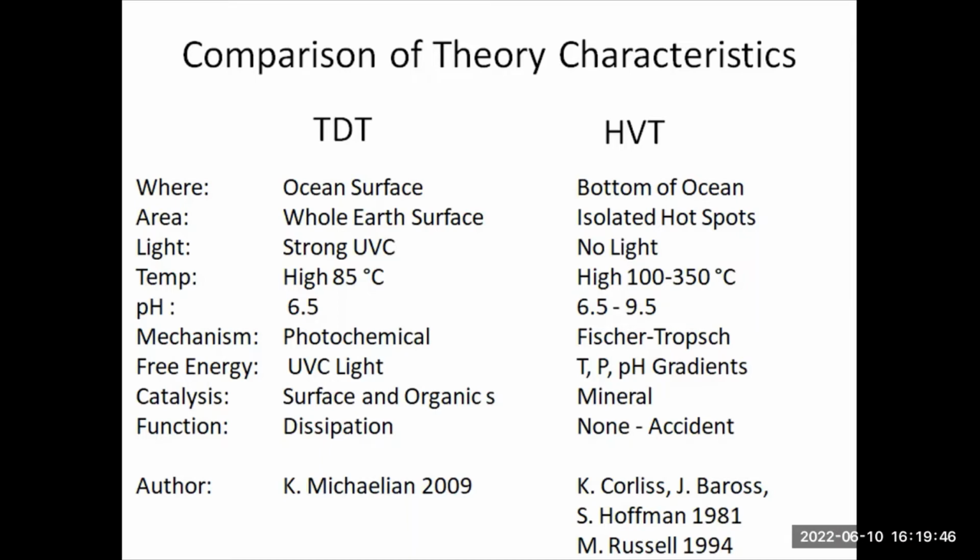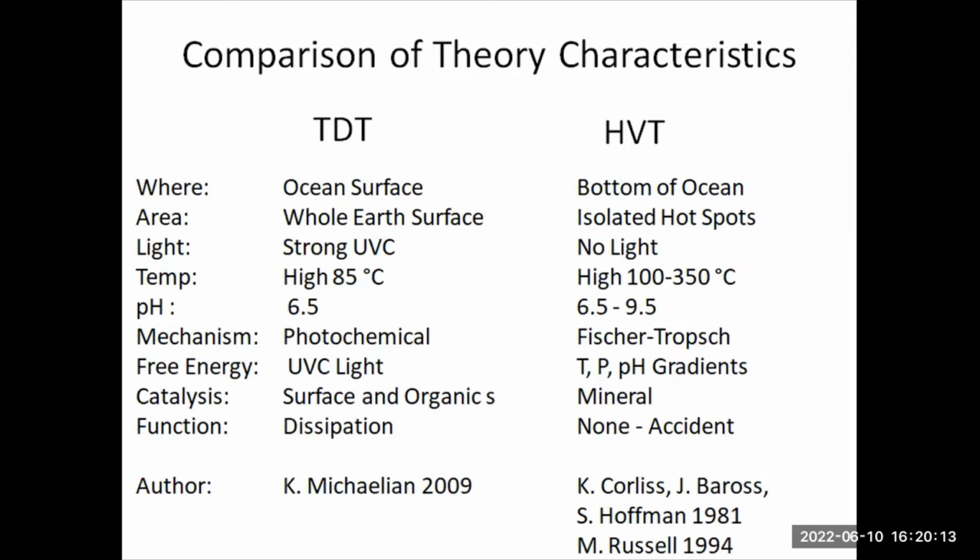As I mentioned, the pH of the ocean waters was more acidic than it is today. We estimate about 6.5 because of the amount of carbon dioxide in the atmosphere. And with the hydrothermal vent theories, we have a range of pH values, from about 6.5 to 9.5, depending on how close you are to the vents.